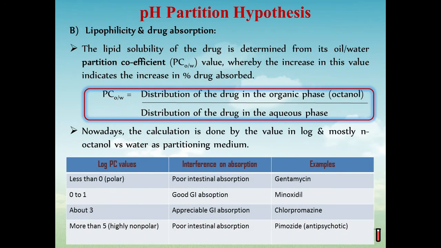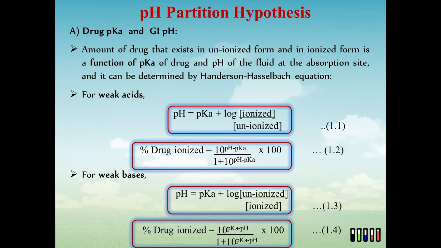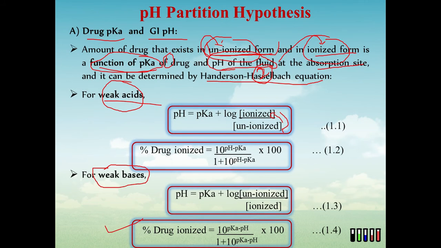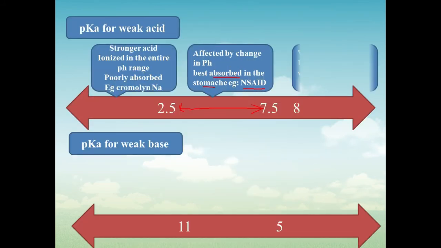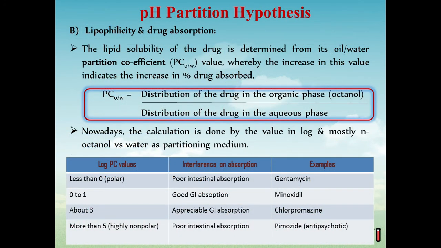Then the next part of the pH partition hypothesis is lipophilicity and drug absorption. The first factor we have seen is drug pKa and GI pH. Now we start with the next and last factor in the pH partition hypothesis, that is lipophilicity and drug absorption.